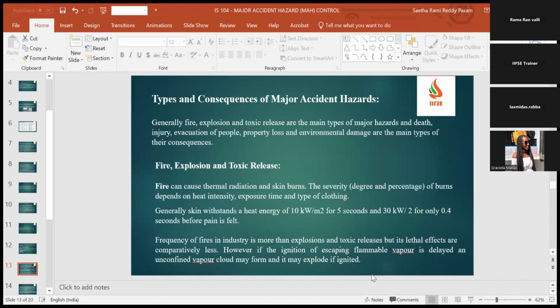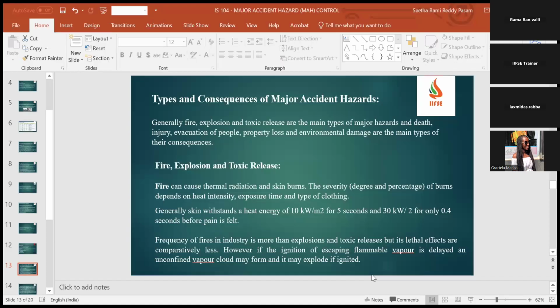Okay, so basically our general skin can withstand heat of 10 kilowatt per meter squared for 5 seconds and 30 kilowatt for 2 seconds, 0.4 seconds before the pain is felt. That is the heat energy our skin is able to withstand.